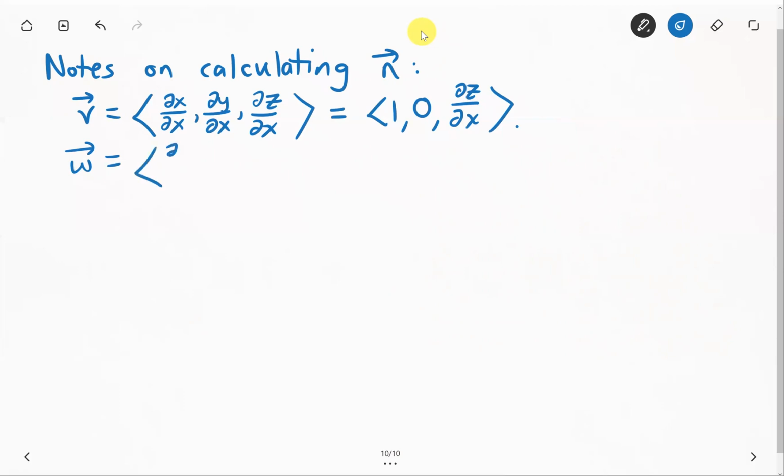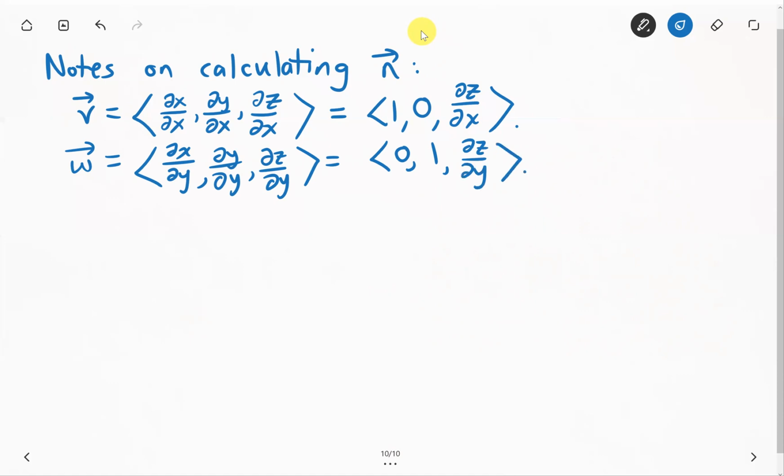So that is dx/dy, dy/dy, dz/dy, which nicely simplifies to 0, 1, dz/dy.